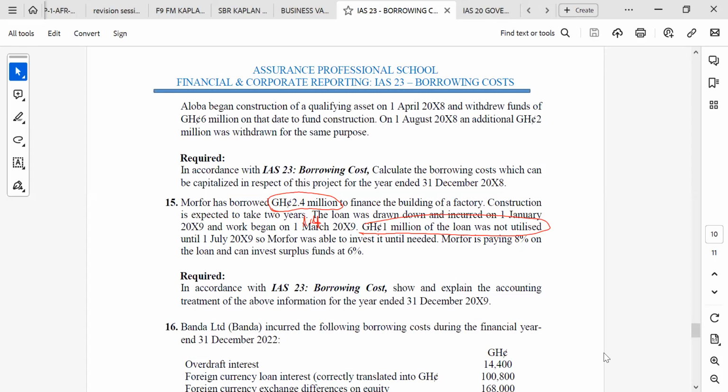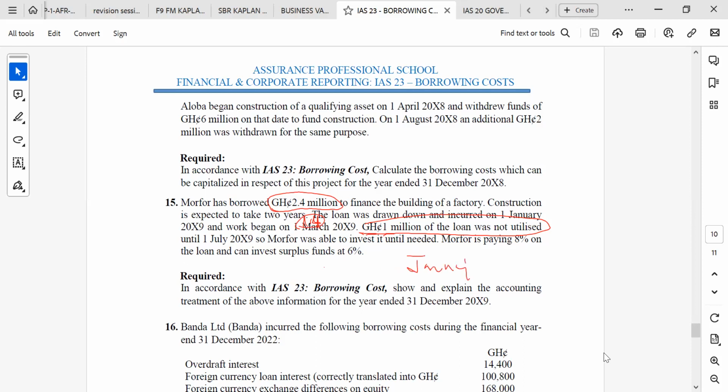They have used 1.4 first, and they have now used what? 1 million. So it means that from the time that they have used the 1.4, they will be investing the 1 million up to the time that they need it. They will start the investment of the 1 million from January to what?